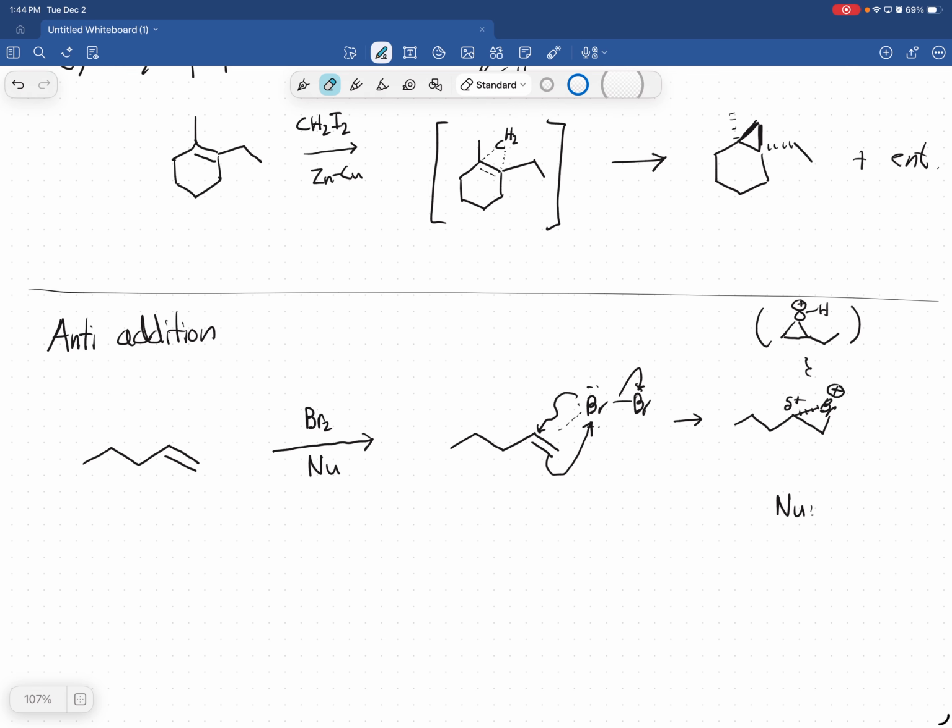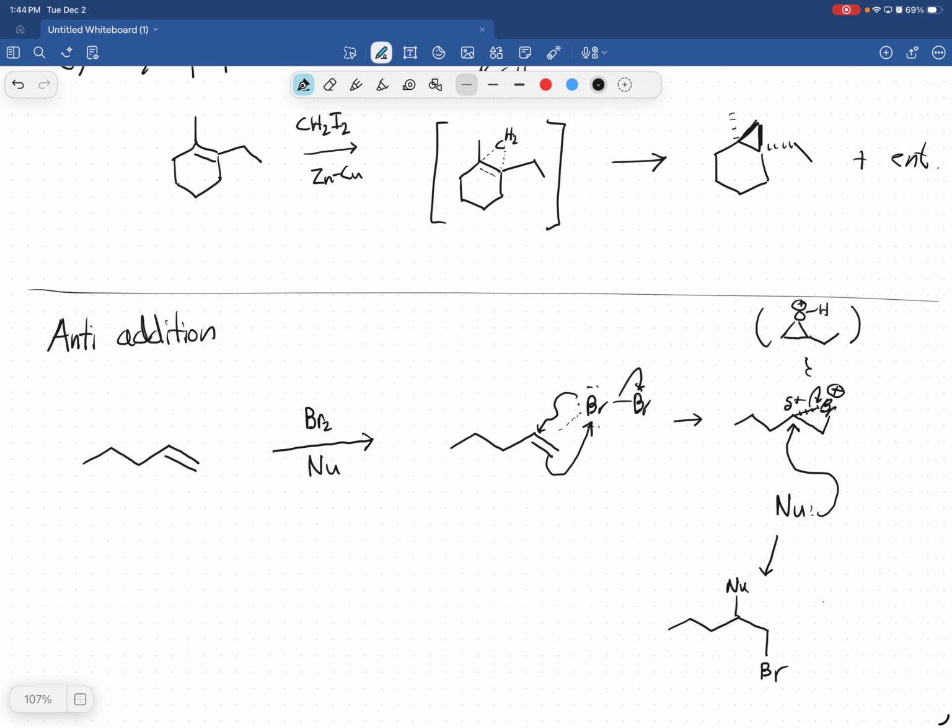You can't attack on the same side because the bromine is in the way. So we attack right here. And when we do that, what kind of addition is this called? Anti, yes, good. So here, the nucleophile would be right here, and the bromine will be facing in the down position.